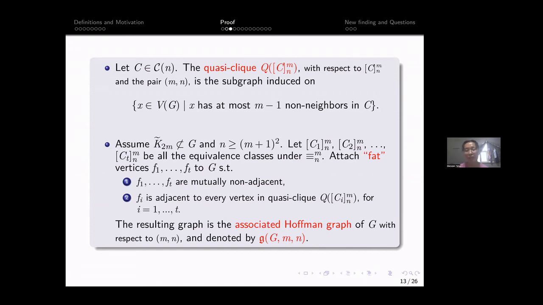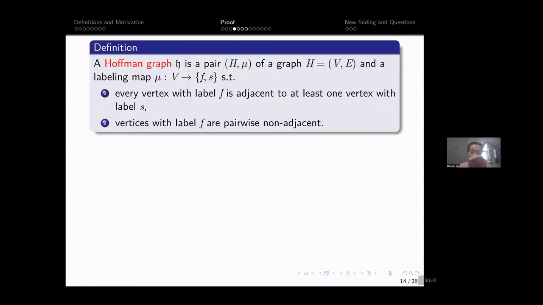A Hoffman graph is not an ordinary graph. For these two pages, we transfer the graph to a Hoffman graph. So I may introduce slightly more what a Hoffman graph is. A Hoffman graph is a pair of a graph and a labeling map. A labeling map gives a labeling of the vertices of H into two different classes.